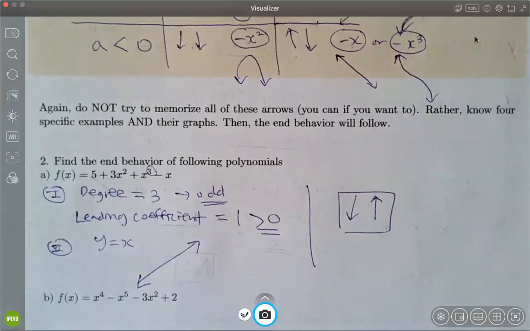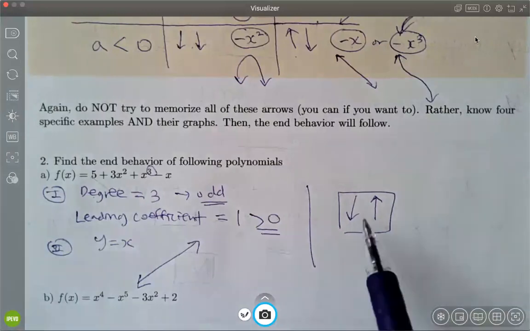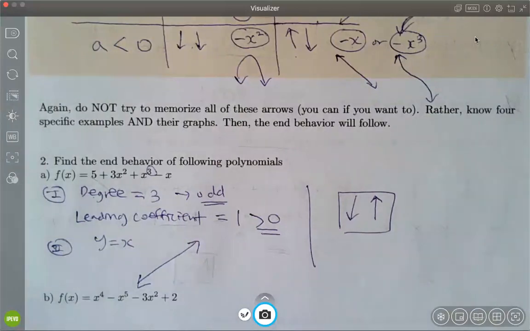Just for simplicity, I'm adopting these arrow representations, but you may not see these arrows in your homework; you'll see the equivalent expressions instead.